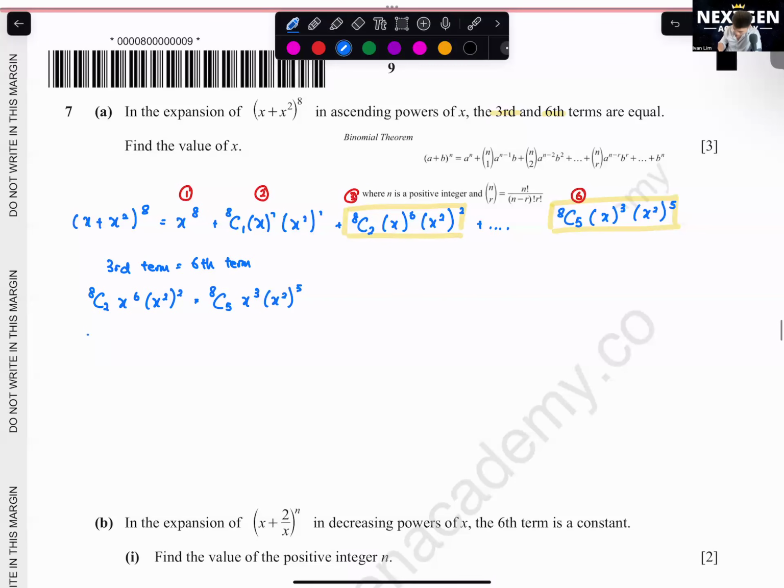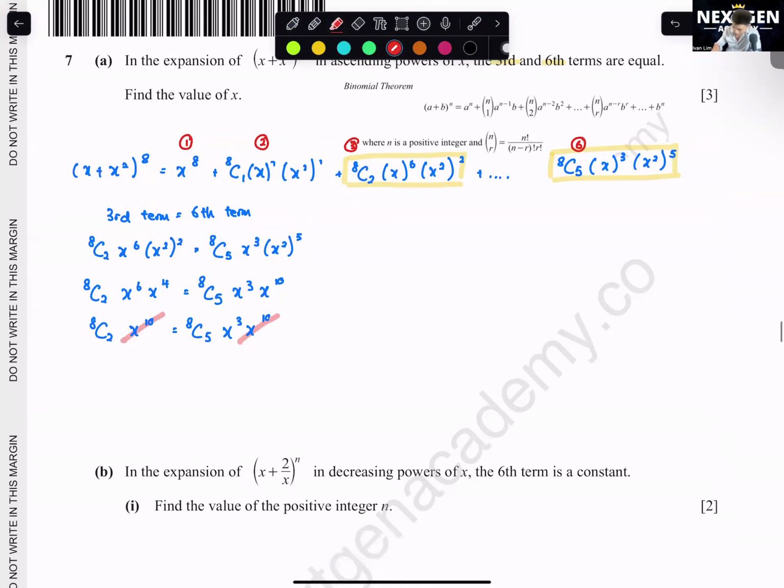Let's simplify this. 8C2, x to the power of 4, 8C5, x cubed, x to the power of 10. Then we see both sides: on the left-hand side x to the power of 6 times x to the power of 4 gives x to the power of 10, so 8C2 x to the power of 10 equals 8C5 x cubed times x to the power of 10. This one will cancel off. Therefore, we'll be left with 8C2 equals 8C5 x cubed.